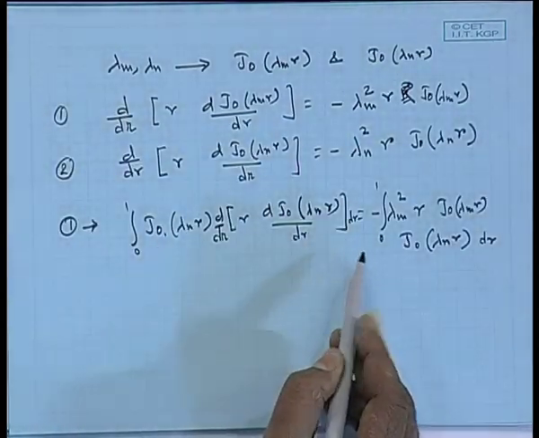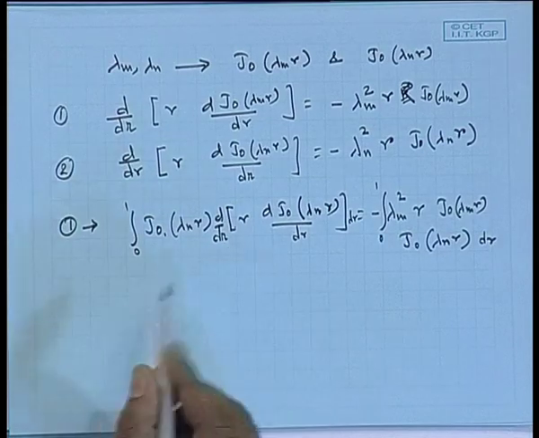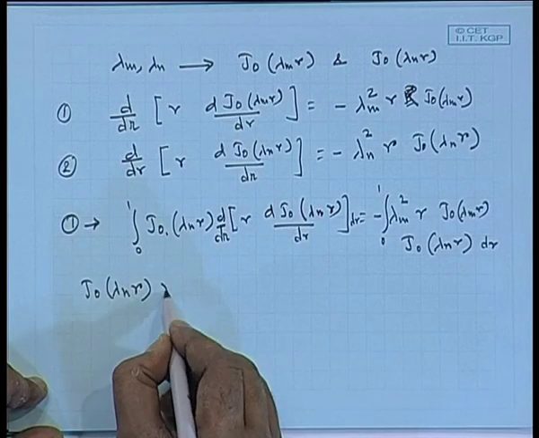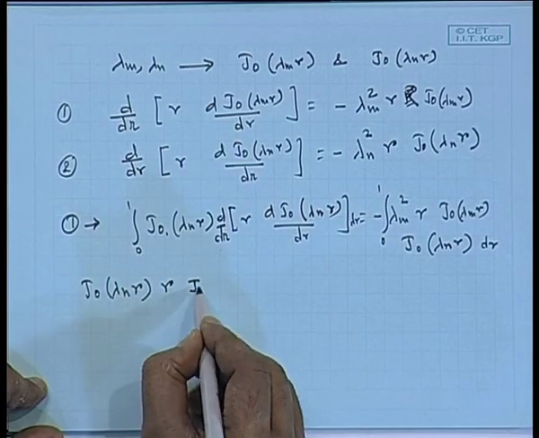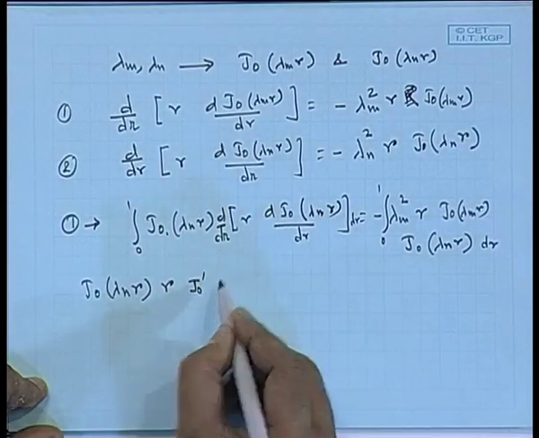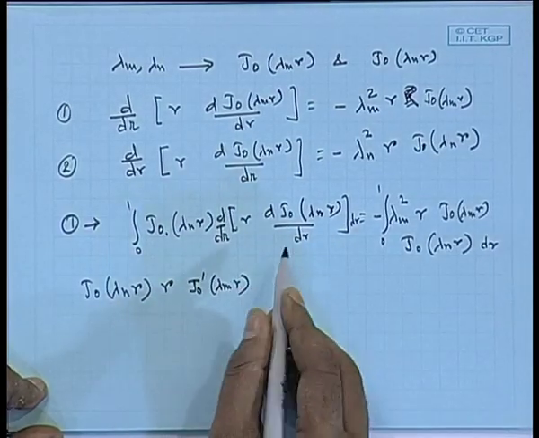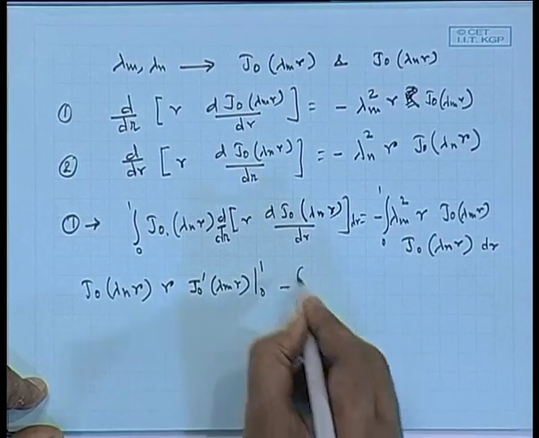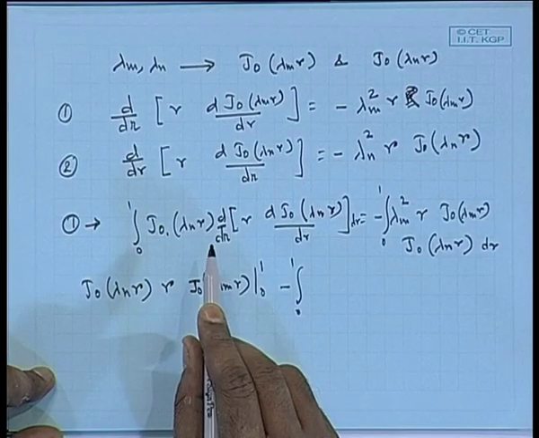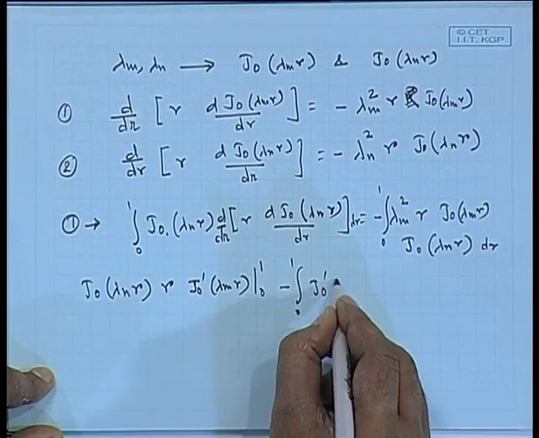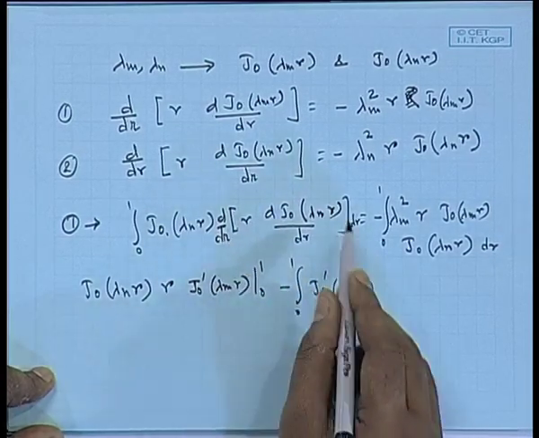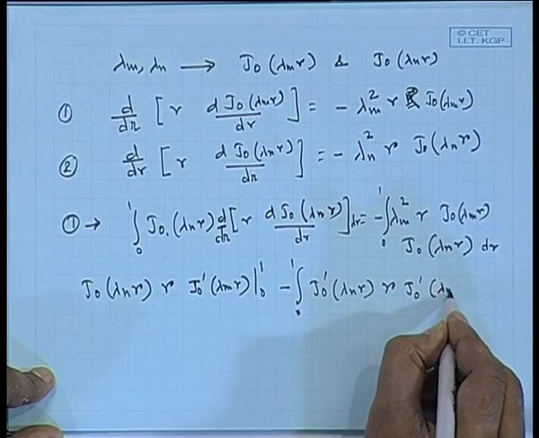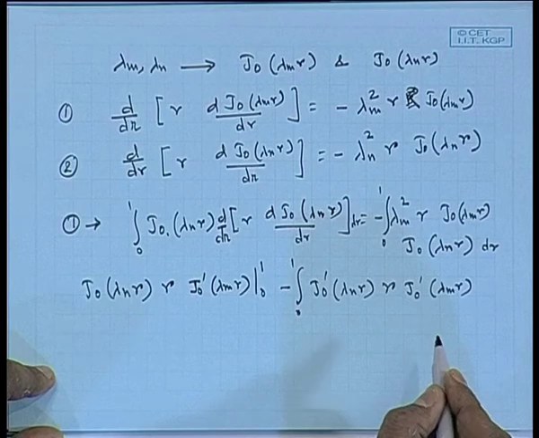Now we integrate by parts: first function J0(λn r) times the integral of the second function, which is nothing but r J0 prime(λm r), from 0 to 1, minus the integral from 0 to 1 of the derivative of the first function, J0 prime(λn r), times the integral of the second function, r J0 prime(λm r).